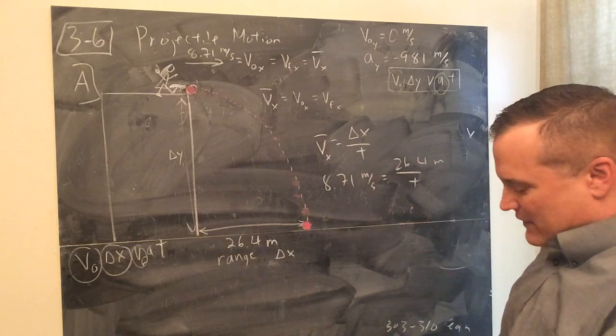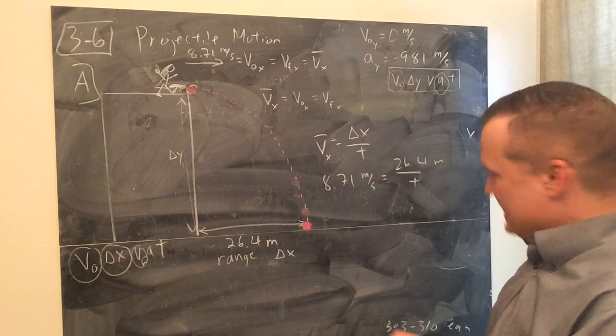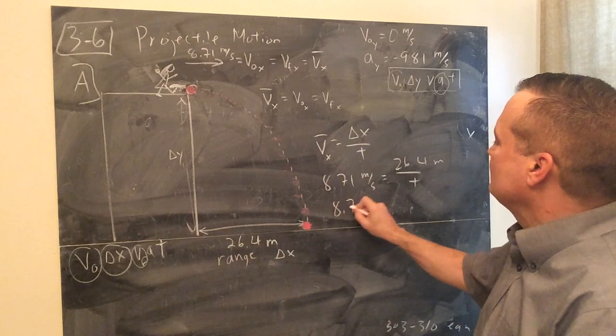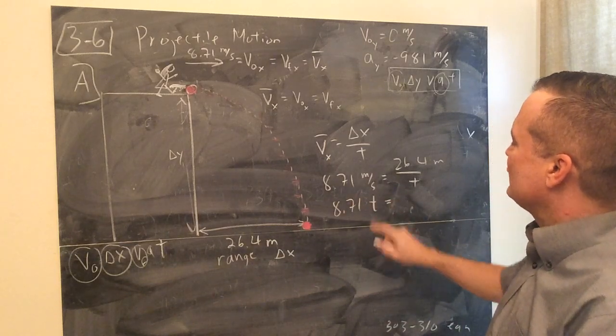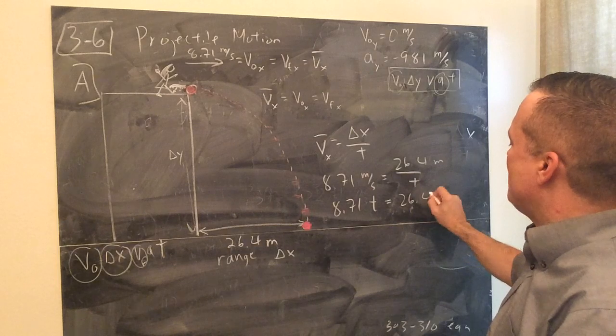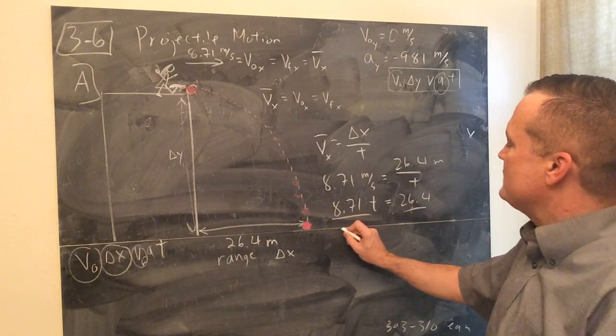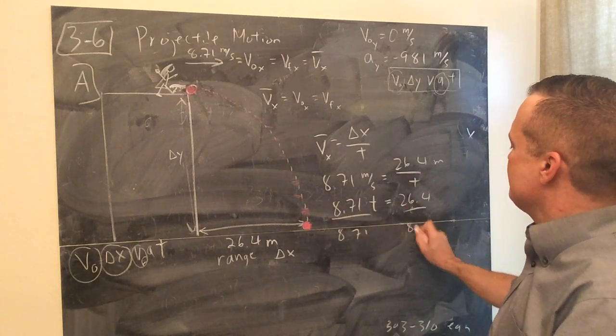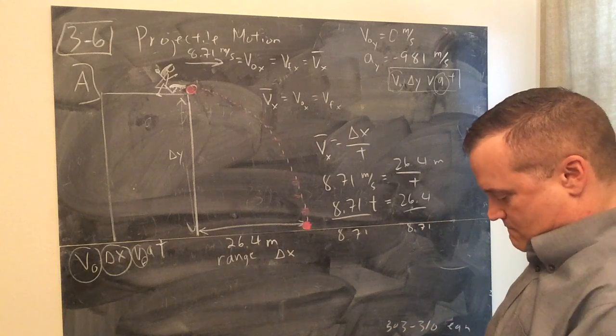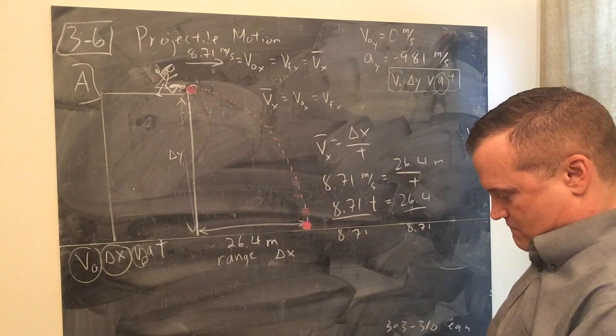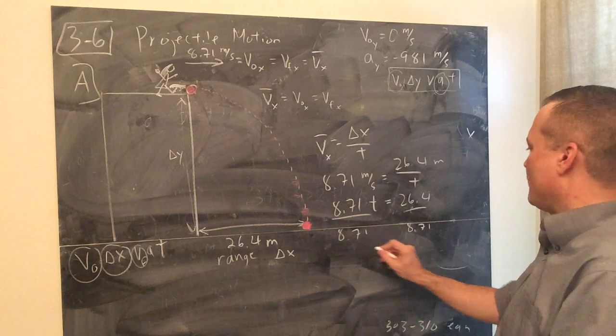So look at that. We can find the time of travel. So 8.71 t equals 26.4. Divide both of them by 8.71, and I get 3.03 is my time.